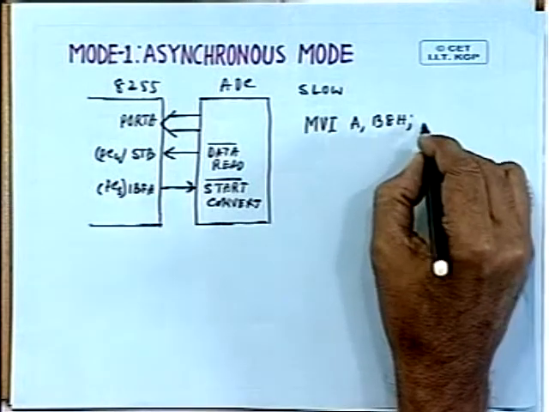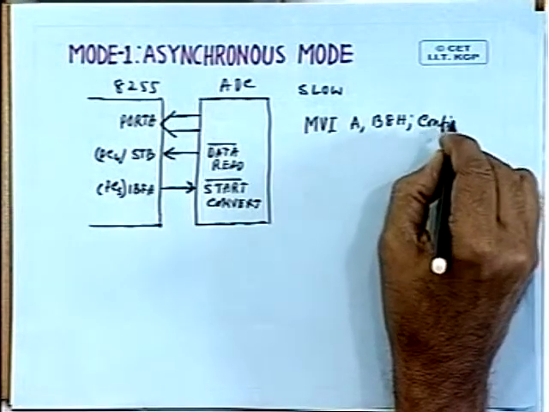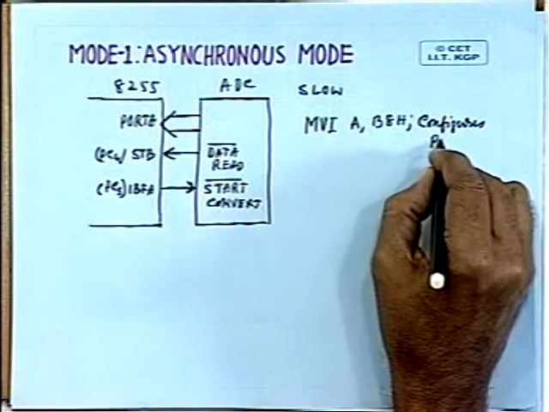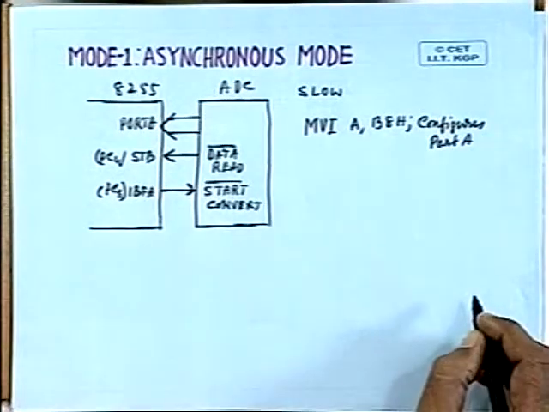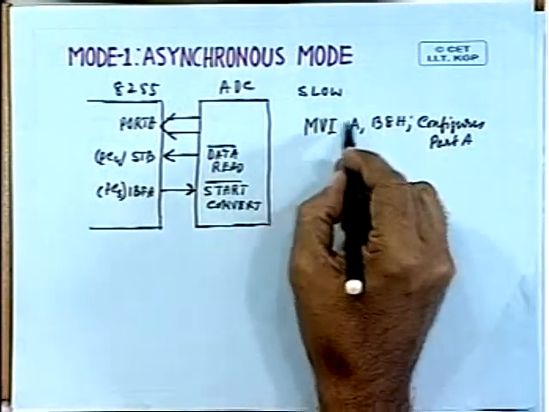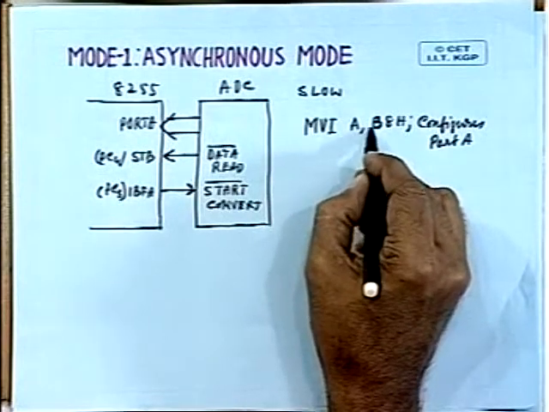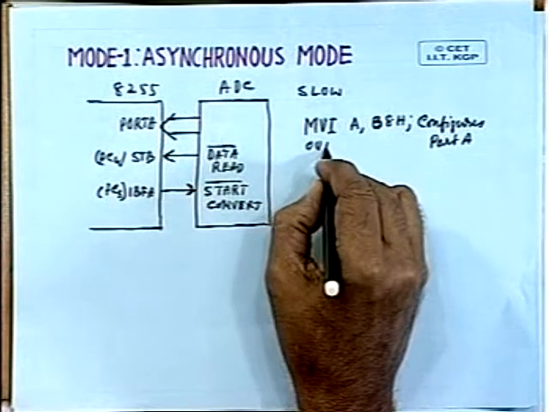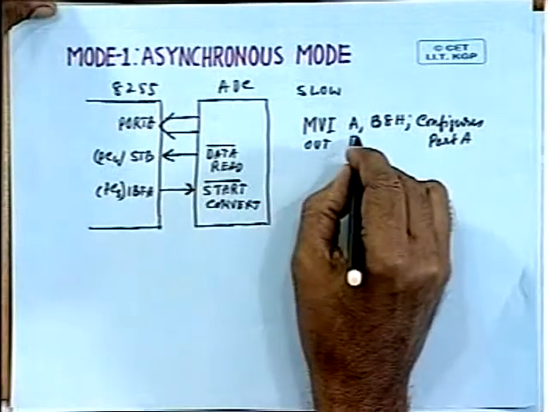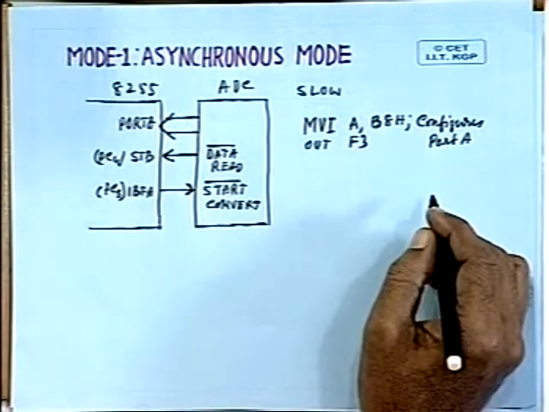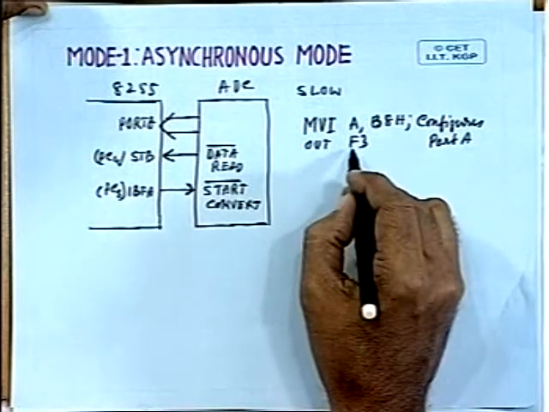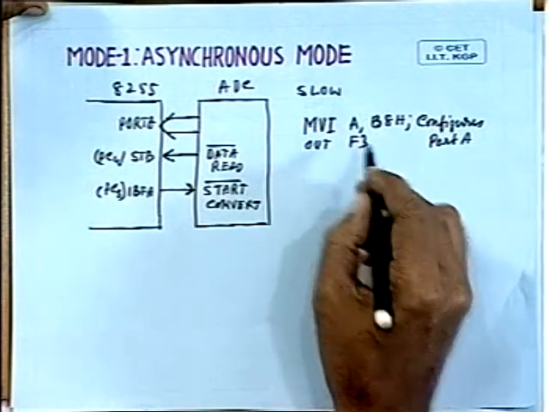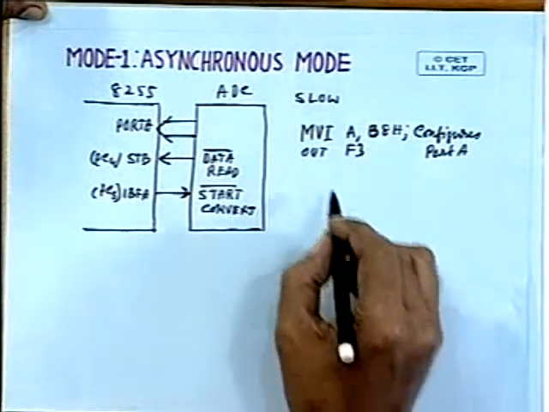So this configures port A. And after the configuration, this value has to be transferred to the control register. To do that, you have to execute OUT F3. We have assumed that the address of the control register is F3, the way the device decoder circuit is made.